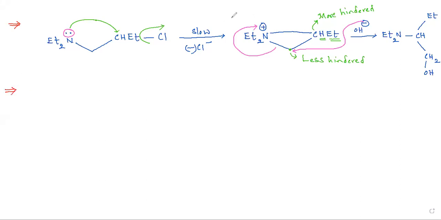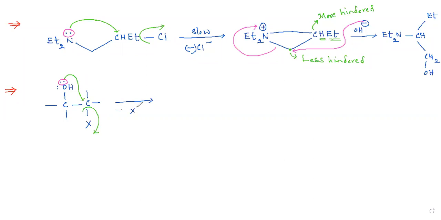Now, let us go for this. A different one. Now from here, see what happens. The pair of electrons is given. Then this goes off.